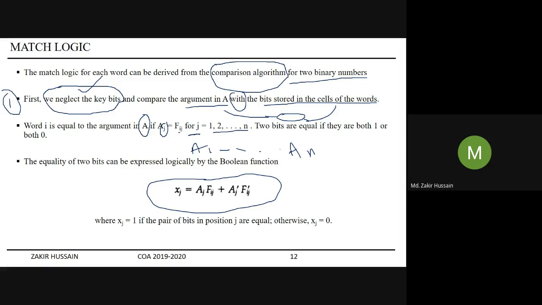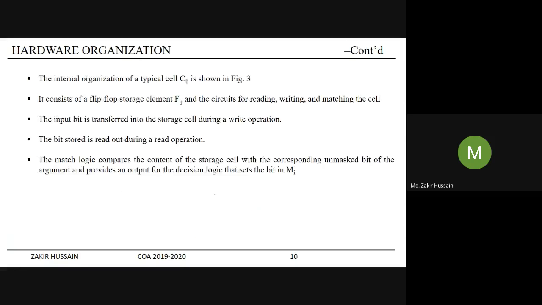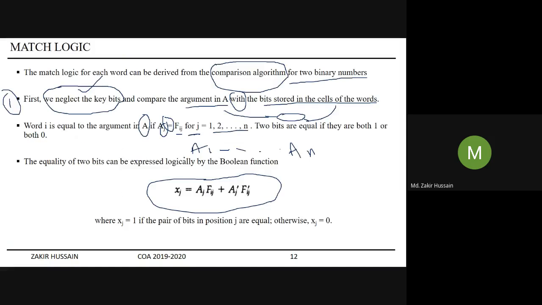What is Fij? These are the Fij in the word register, any bit in the word. Take for example the first word, I is the first row, and the corresponding j is maybe 1, maybe F1, 2, likewise.